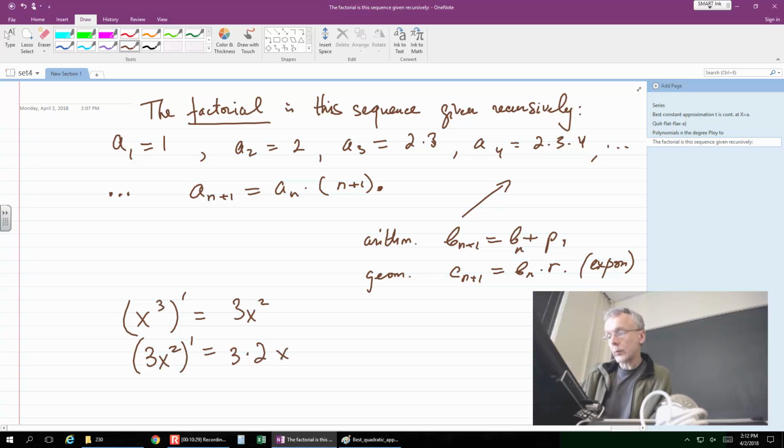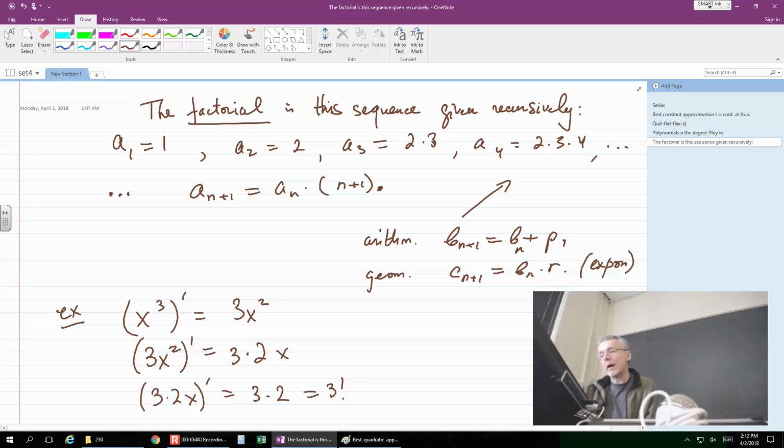And if I differentiate one more time, what I end up with is in fact 3 factorial. That applies to any other examples that we saw last time. I could start with the nth power, and if I start differentiating, I eventually will end up with n factorial.